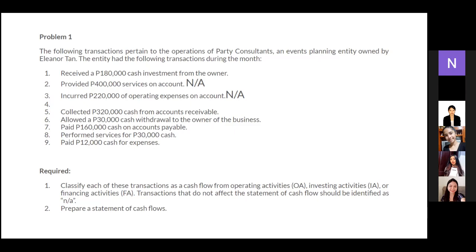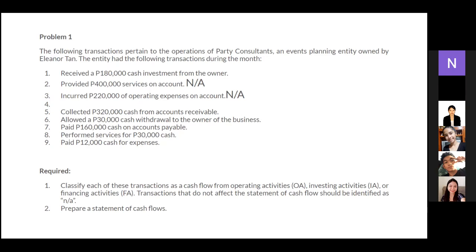Kasi di ba kapag i-entry natin tong services on account, debit natin is accounts receivable. And credit natin is service revenue. So wala siyang na-receive na cash or wala siyang cash inflow or outflow. Kaya NA po yan.